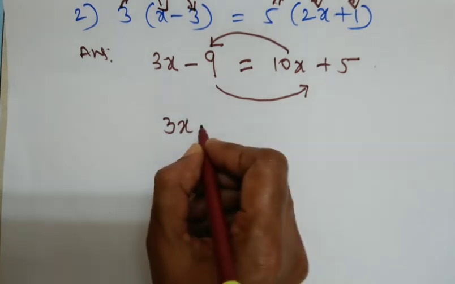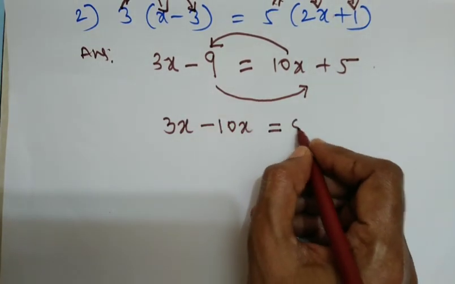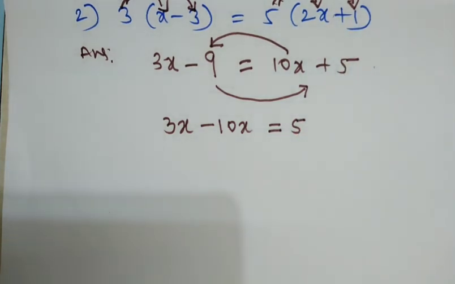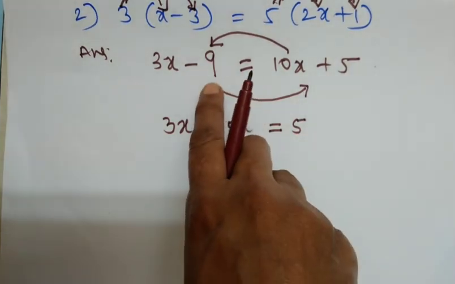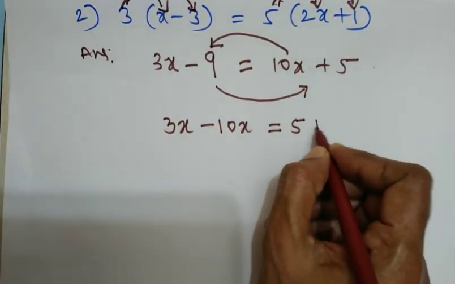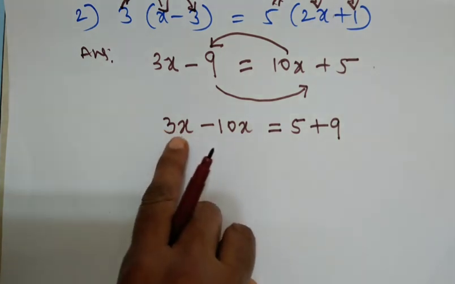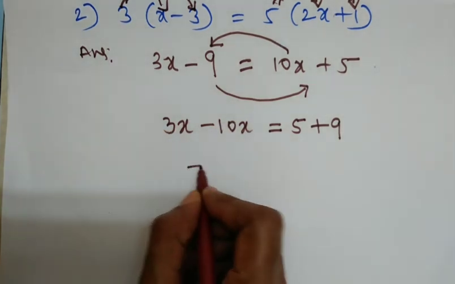So 3x minus 10x is equal to 5 plus 9, because 5 is not changing its side and we are transposing minus 9 to right side.